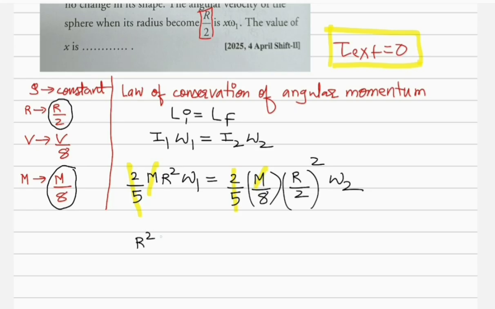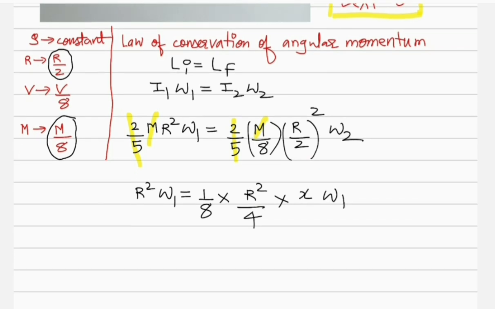So r square into omega 1, students, will give you 1/8 into r square divided by 4, and as per the data you would have seen, omega 2 is x times omega 1. So I can replace omega 2 by x times omega 1, getting this? Now r square will cancel out, right? Omega 1 will also cancel out.